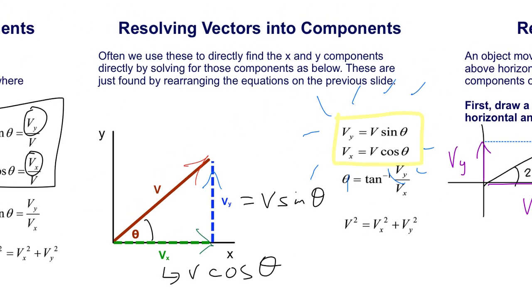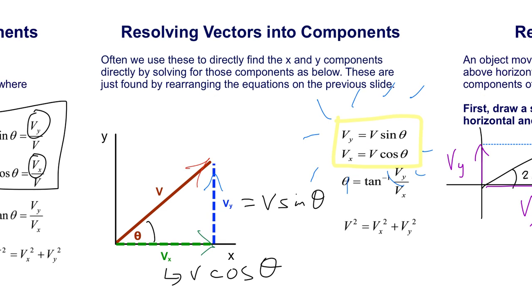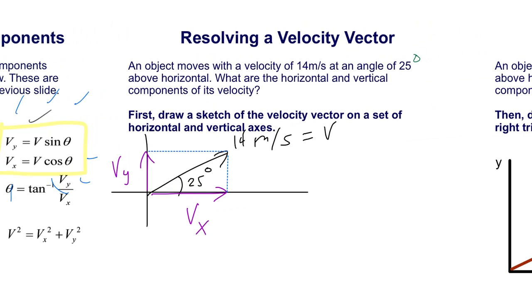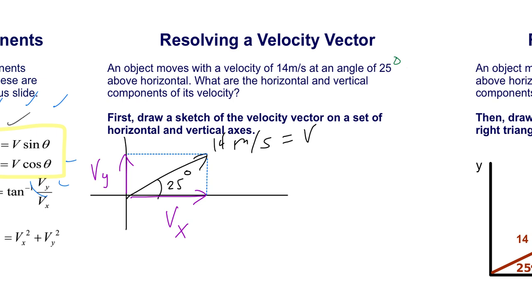The mode should say degrees, not radians. So this will always be true in the yellow box if your angle's from the x-axis. So, here's an example.